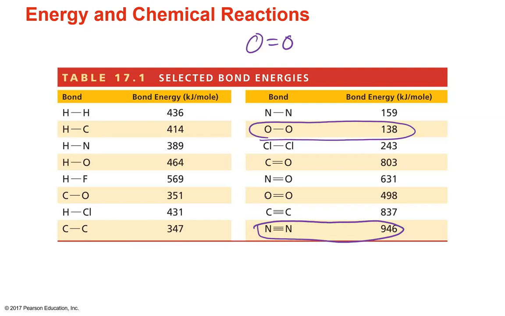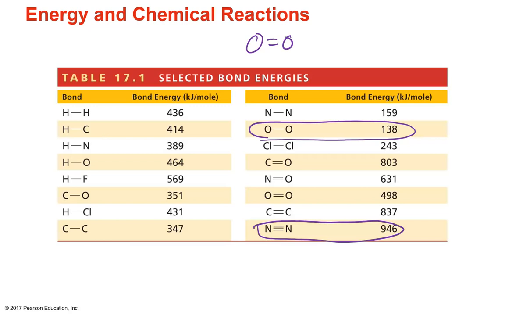Reactions are endothermic or exothermic. So we look at this and we're like, well, let's look at the nitrogen. If we can go from nitrogen with a single bond to nitrogen with a triple bond, the triple bond is so much stronger. Where does the energy go? If you go to a stronger bond, it's going to release energy.